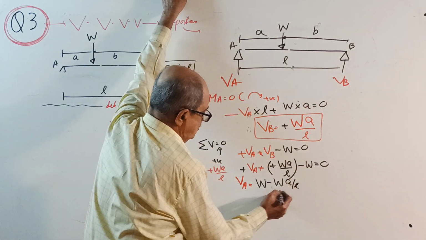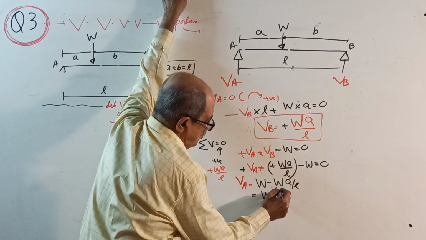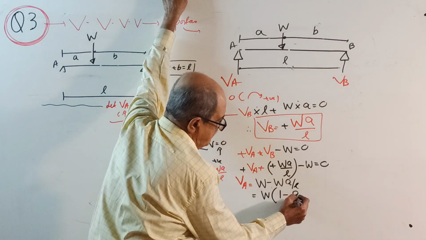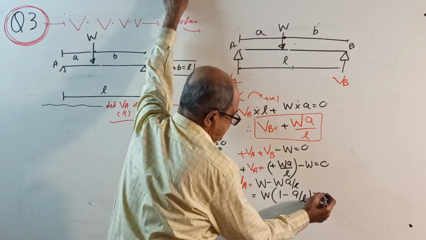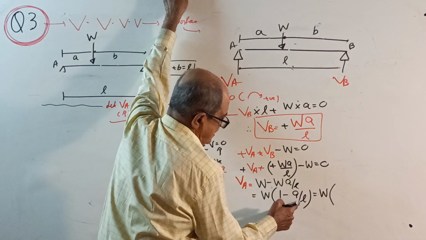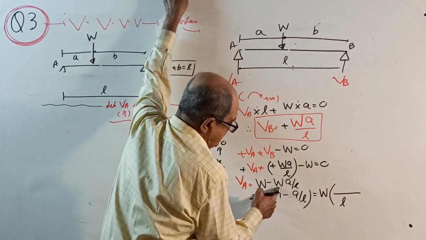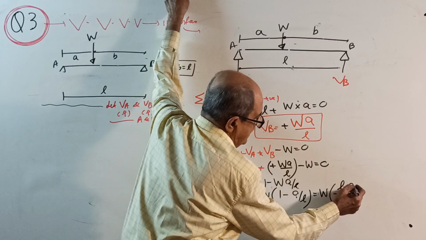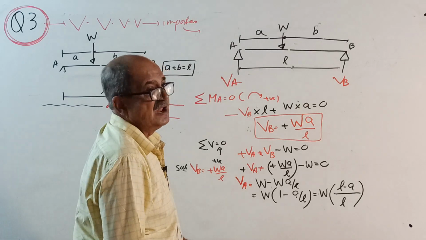VA equal to W into bracket 1 minus A by L, or W into, you take L common, L minus A by L.